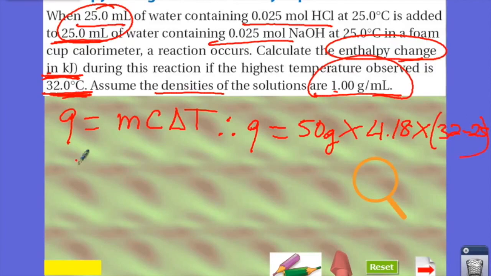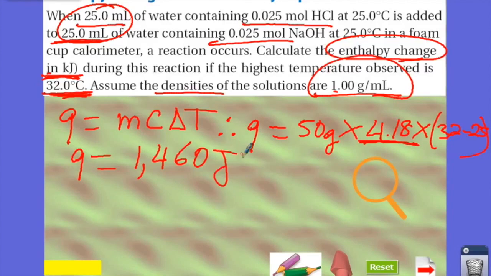So Q equals 1,460. What is the unit? It is joule, because the specific heat is joules per gram degree Celsius. So this is joule.